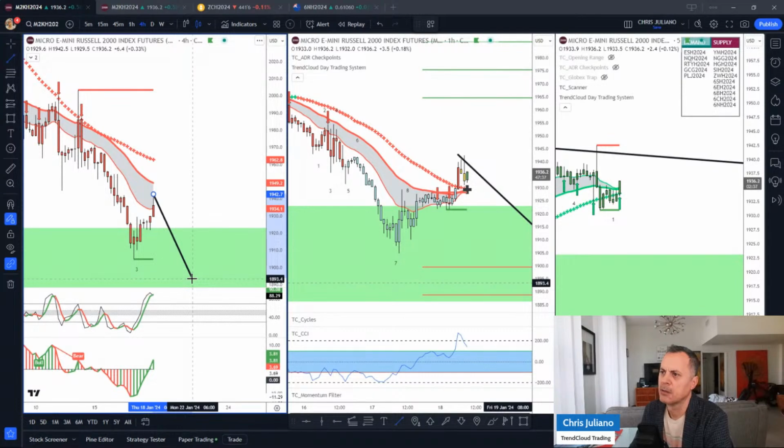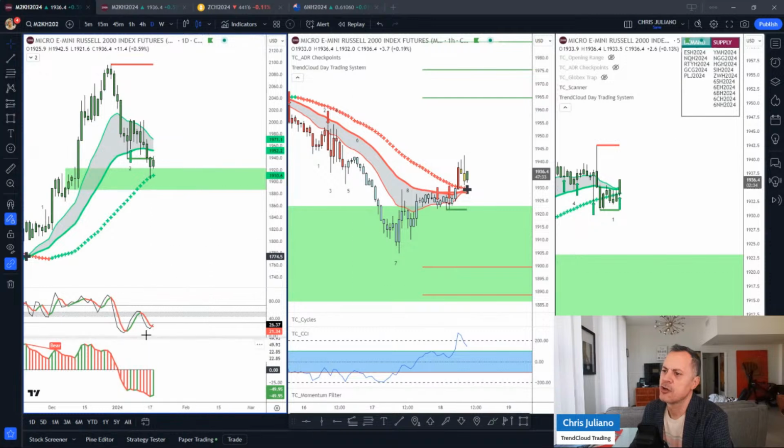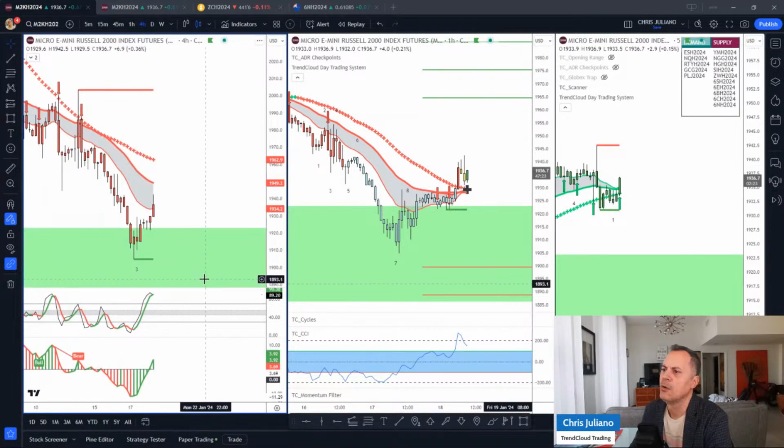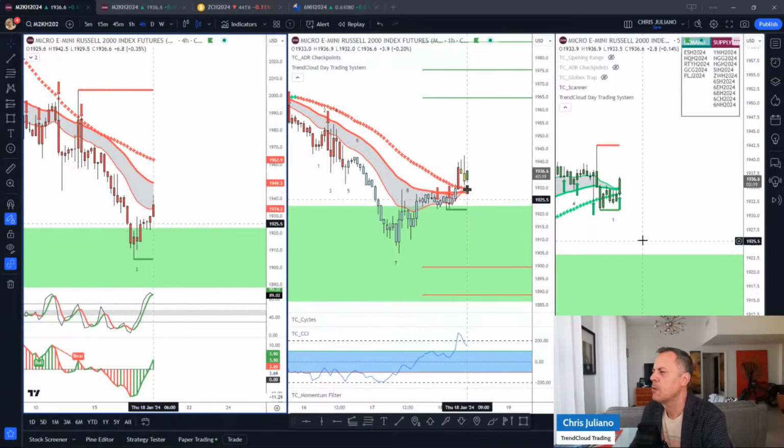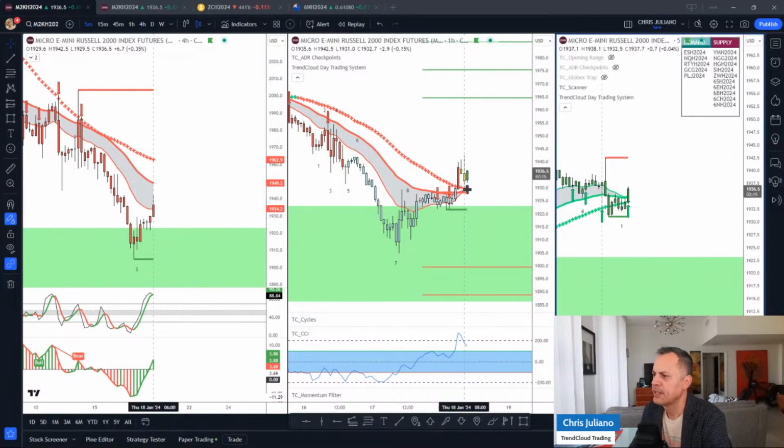Okay. But on the daily chart, it's just starting to shift to the upside. Okay. And we did break through structure here on the daily chart. Okay. So the only thing that we've got against us is this right here. So, and it looks like we've got a nice move cycling up.